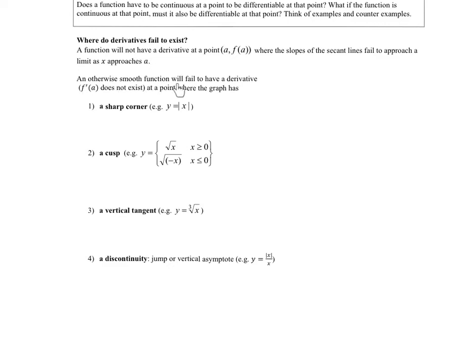An otherwise smooth function will fail to have a derivative f prime at a point where the graph has a sharp corner. For example, the absolute value of x. Absolute value of x has a discontinuity in its derivative, or is not differentiable, right there. We've got an abrupt change in slope. All right, another one is a cusp. An example of that is the graph of the square root of x.